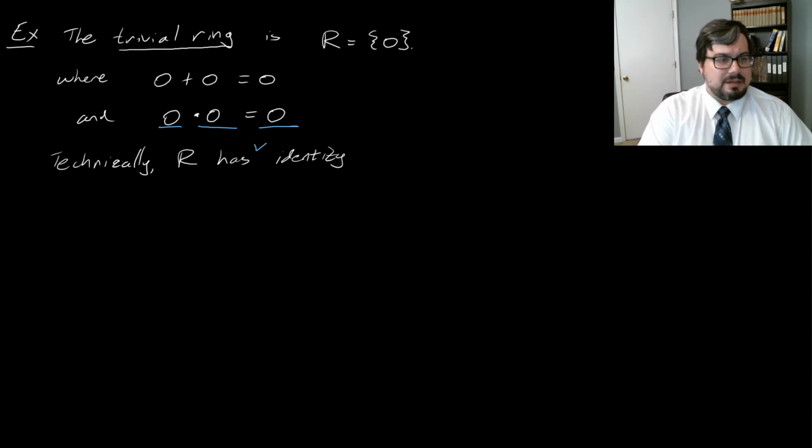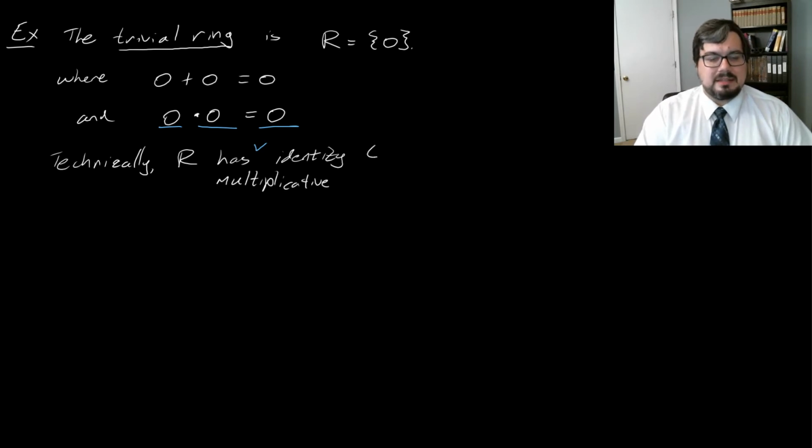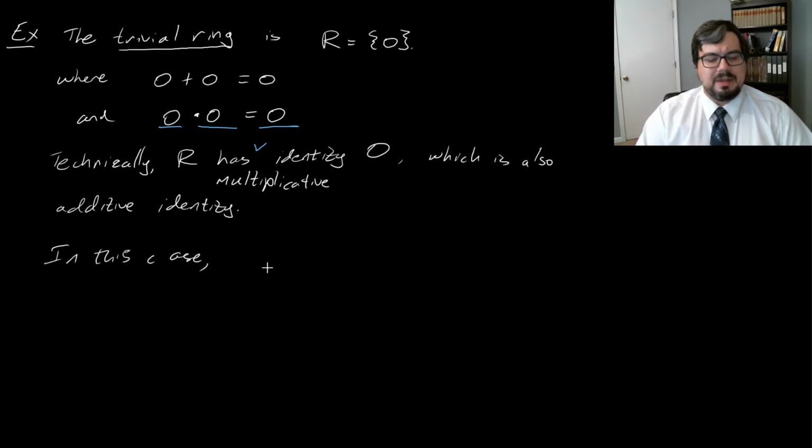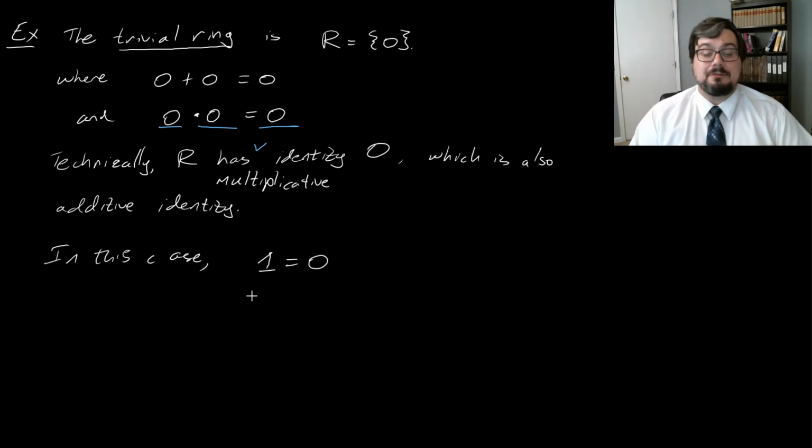I should write here, it has a multiplicative identity, but that multiplicative identity is 0, which is also the additive identity. So in this case, we basically have that 1 equals 0, where I'm using 1 here to stand for the multiplicative identity of the ring and 0 to stand for the additive identity of the ring as normal.